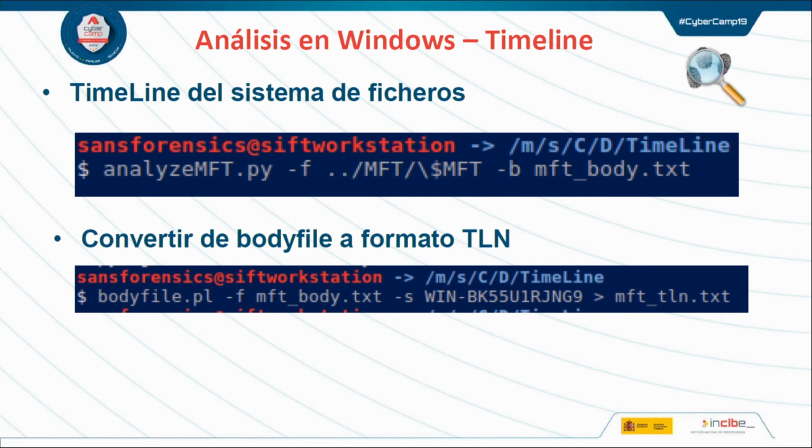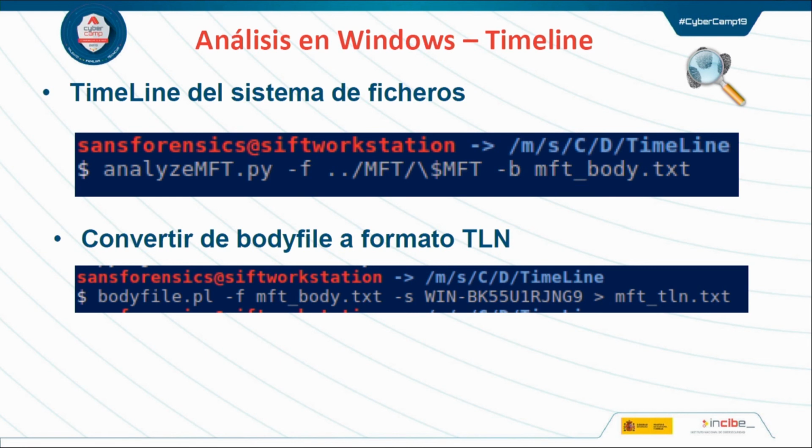Now, how do we calculate the timeline? We had the MFT, and we use analyzeMFT in Python, and we give it the file that we want to analyze, and then we get the result in body format. When we analyze timelines, we have different outputs and different tools that we can use.